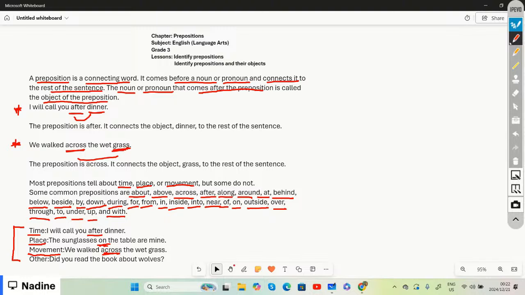Then sometimes our preposition will also basically give other. It doesn't necessarily have to just be time, place, or movement. It says, did you read the book about wolves? So, did you read the book about wolves?